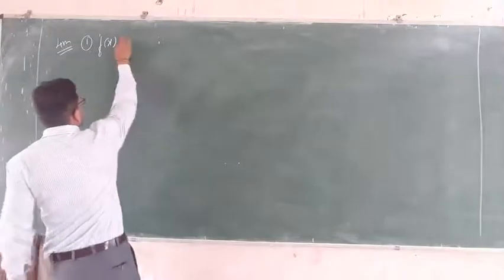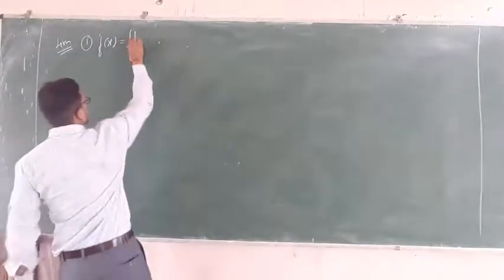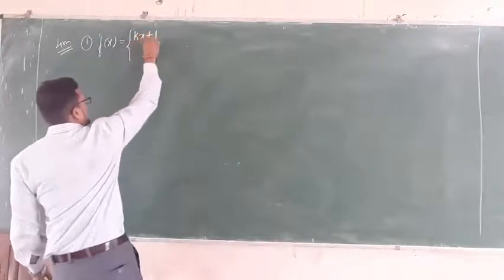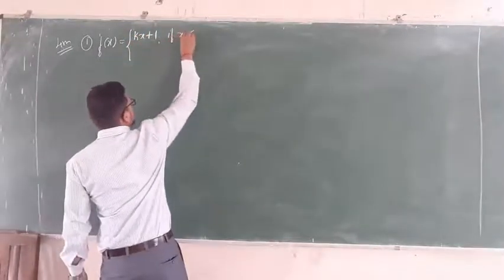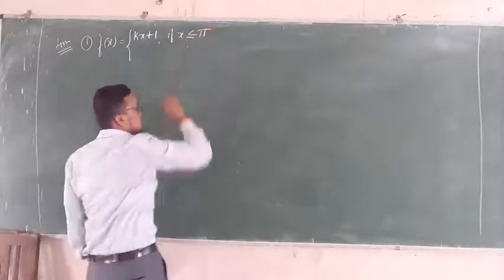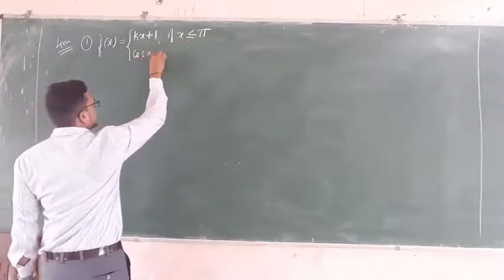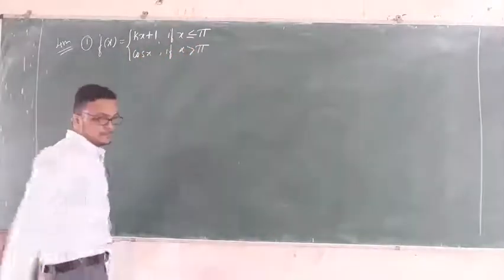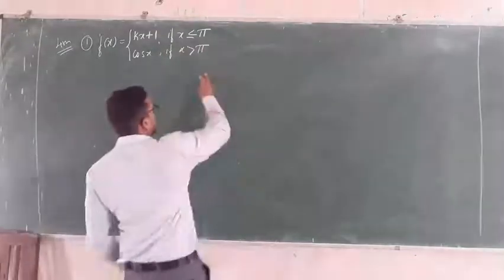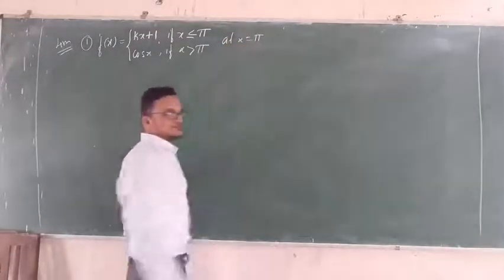That is f of x is equal to kx plus 1 if x is less than or equal to pi, and cos x if x is greater than pi, and x is equal to pi.